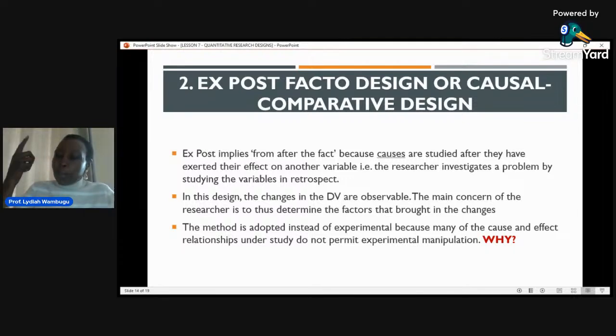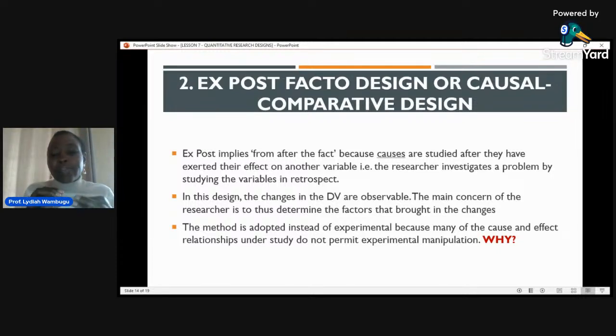They'll start going back trying to find out what may have brought about this particular challenge. So ex post facto is an after the fact design. It is after the fact design. Why? Because you study after an effect on the variable has occurred.